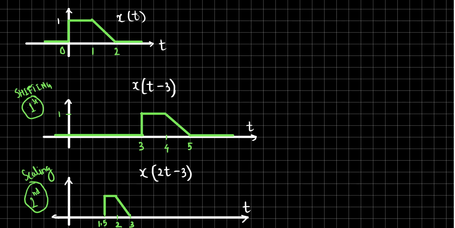So these were the operations that we have performed in case 1.